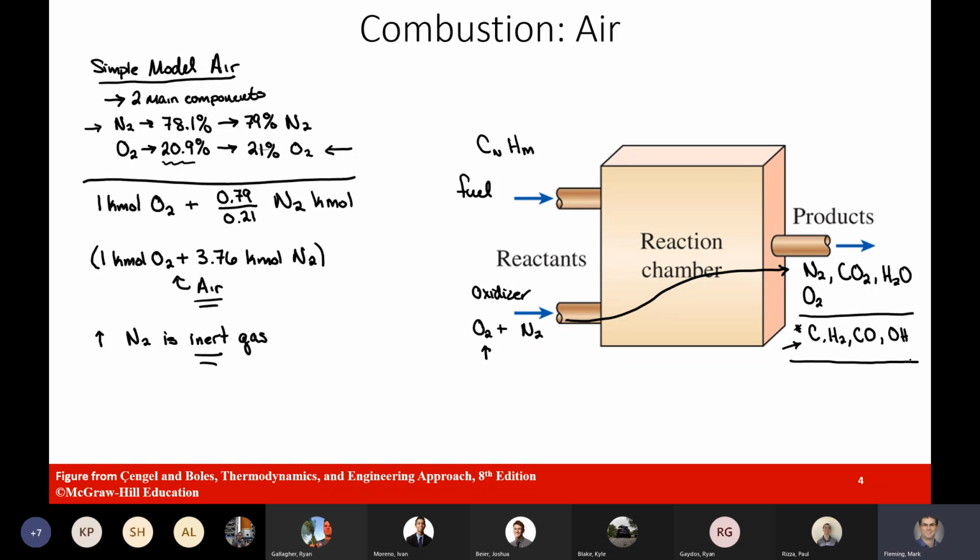Now, before we move on, there's one more very important reaction that I want to point out. If we go to high temperatures and high pressures, which most engines now actually operate at, we can bring nitrogen from being that inert gas into play, and that forms NOx, which is generally considered an environmental pollutant.